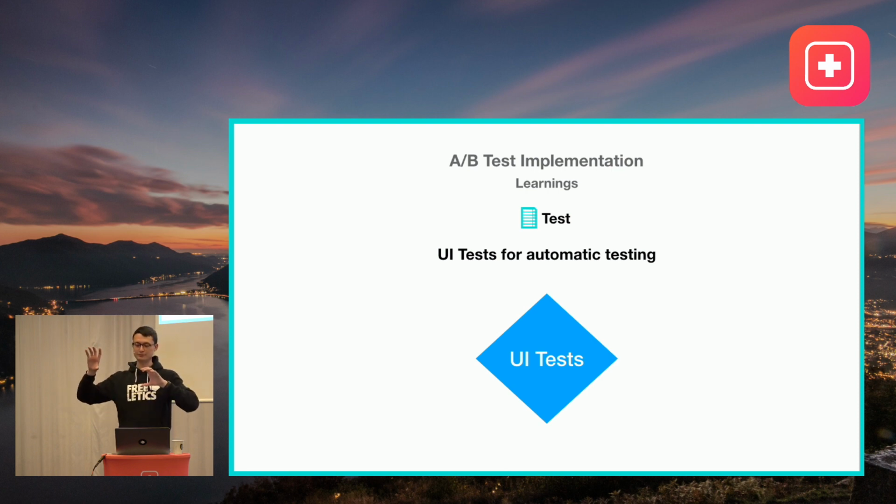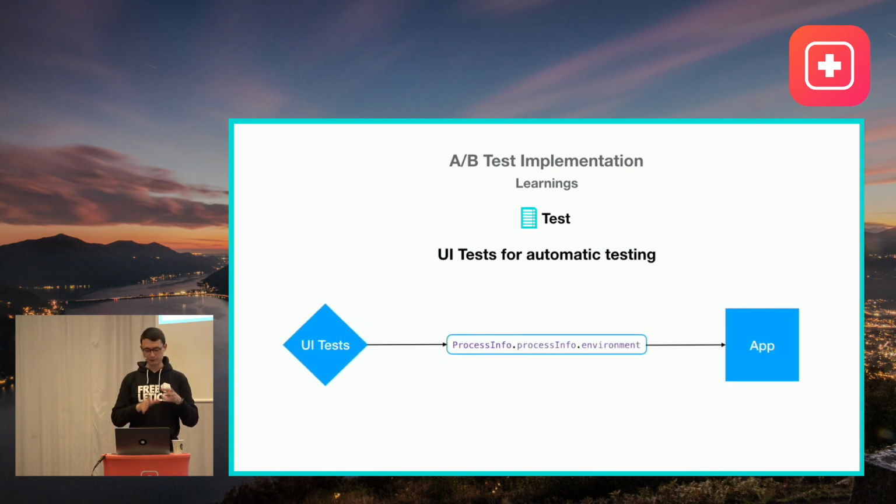That's how we keep them synced, and we are able to pass feature flag values from the UI test through process info to the app delegate. Then the app delegate parses this process info and sets up the feature flags.